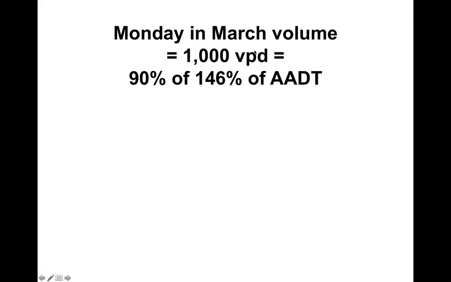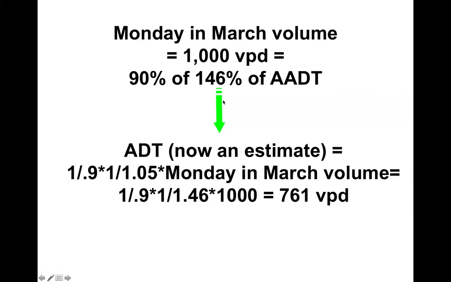So if I want to find, I don't want March, I want February. Monday in February. So I know Mondays are 90% of the AADT, and February are 146%. And by the way, again, remember this is February. I did it for February.